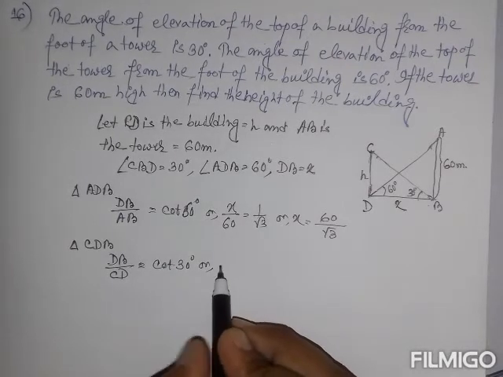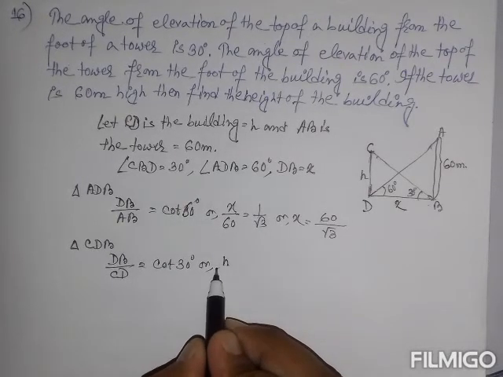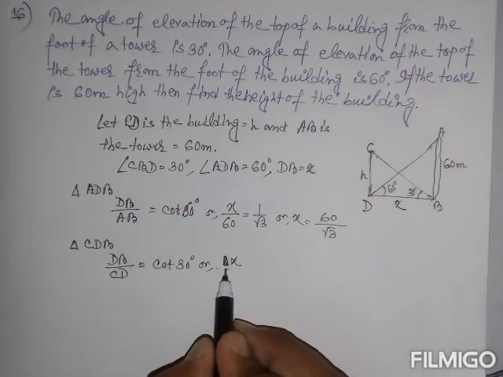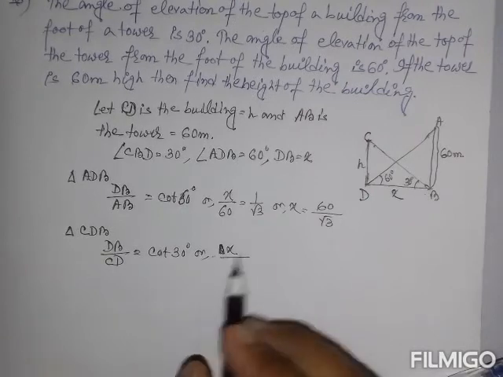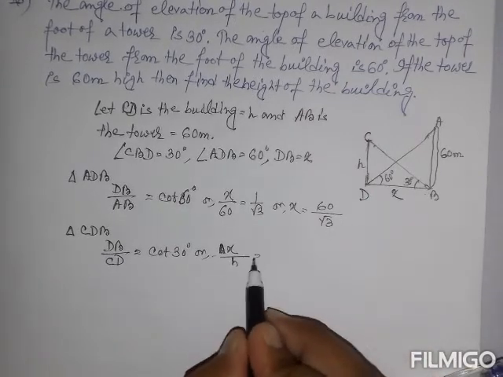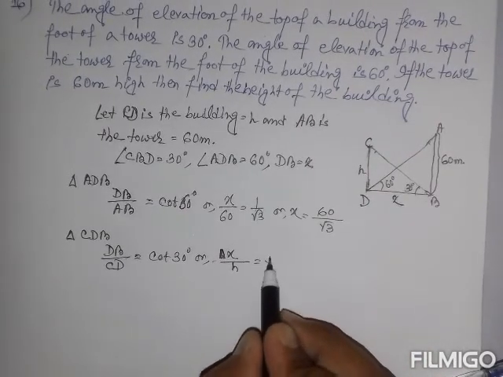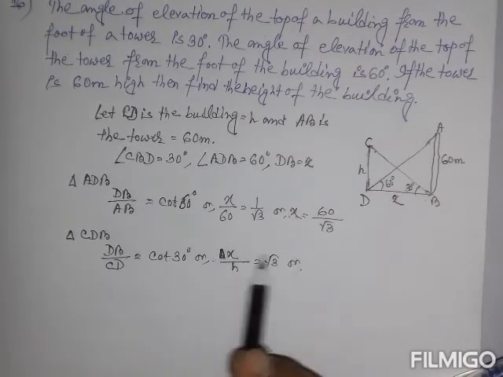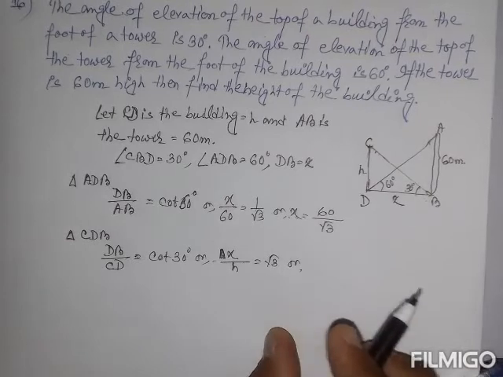DB means x and CD means H, so H is equal to cot 30, which means root 3.